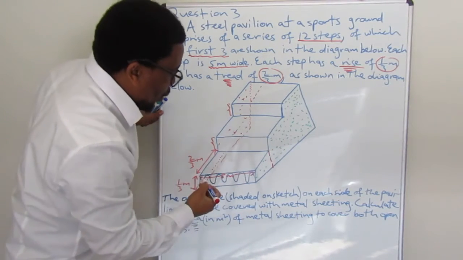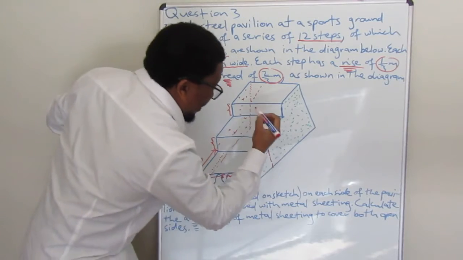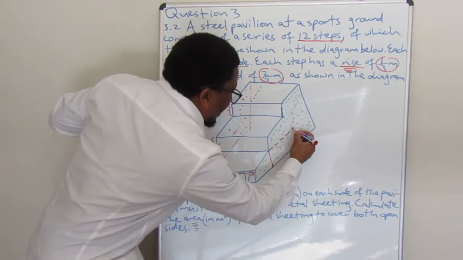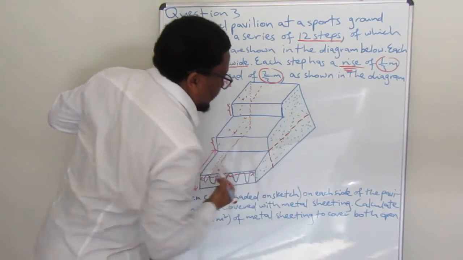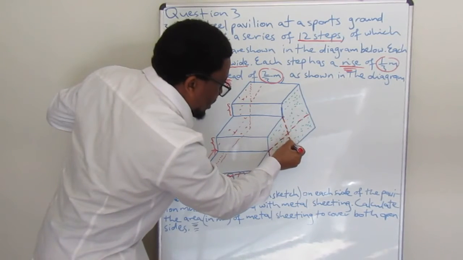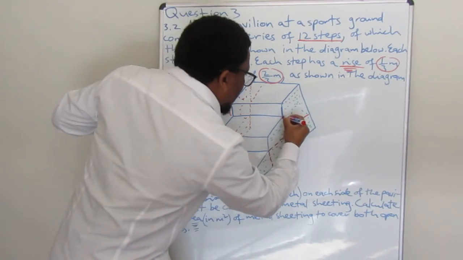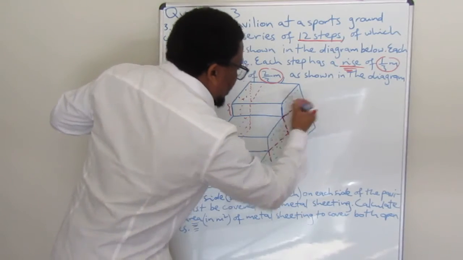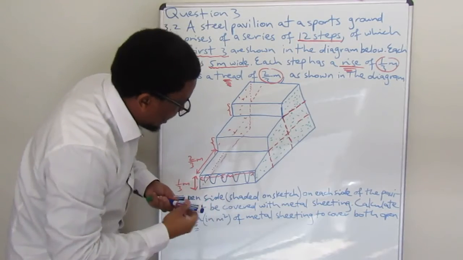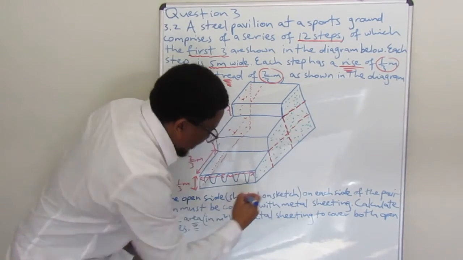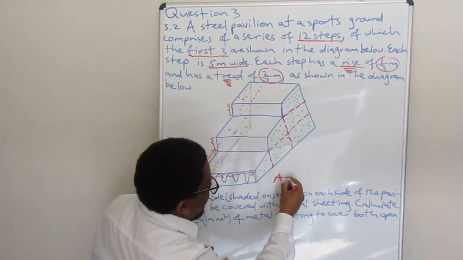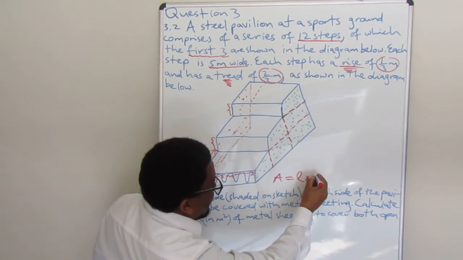If I go to my second step, I'll just extrapolate a line that goes to the end there, and then here I'll extrapolate a line that goes down like this. I'll also extrapolate a line that goes to the end here. Can you see now? If I am looking at this metal sheeting on this side, my area here is length times breadth.